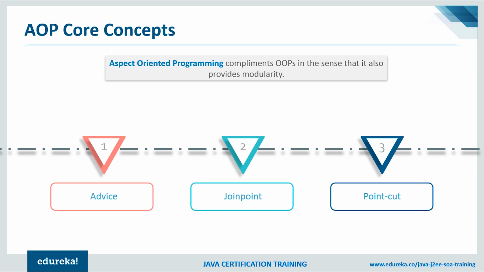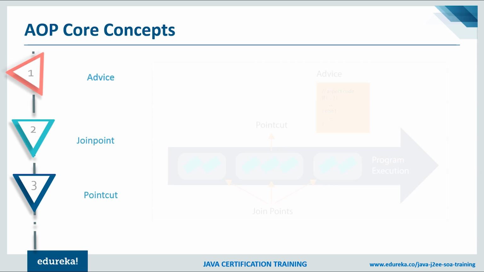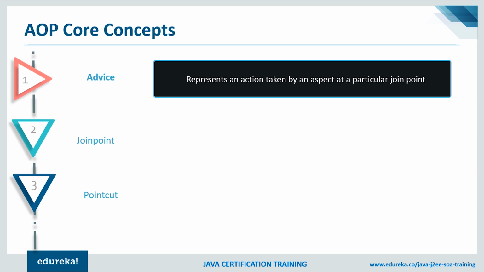So what is advice? Advices are the actual actions taken for a particular join point. Basically, they are the methods that get executed when a certain join point meets a matching point cut in the application. So here you can see you have the program execution, and these are the join points and the point cut, and there we have the aspect code, that is the advice.